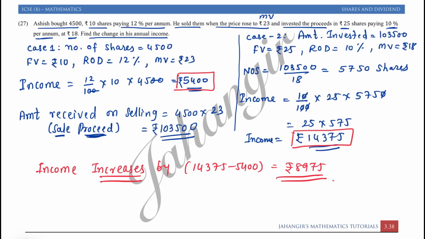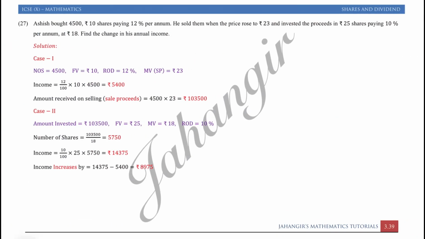Then find the change in income. Income can increase, income can decrease, or income can remain the same. It can happen. Go through this question. It's the same, written in proper format.